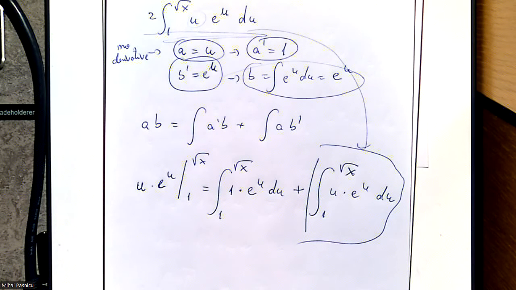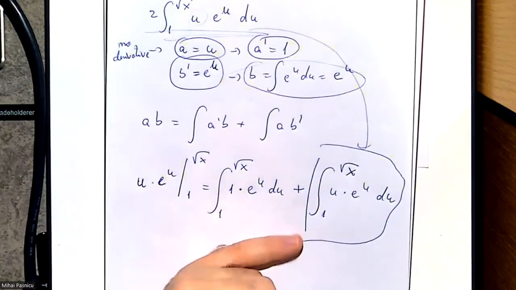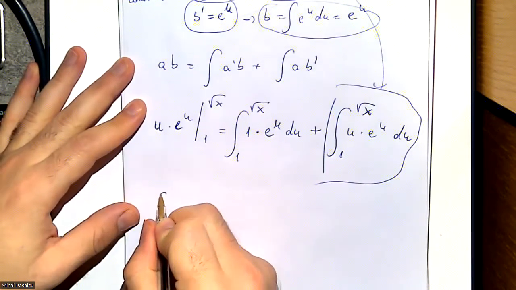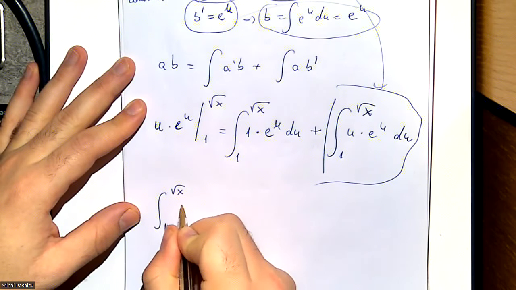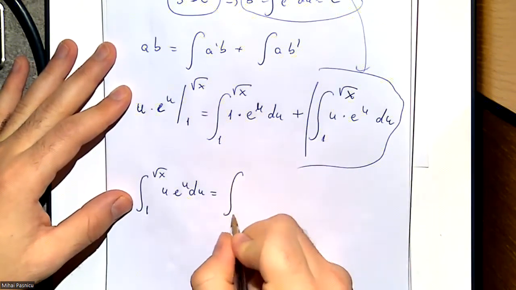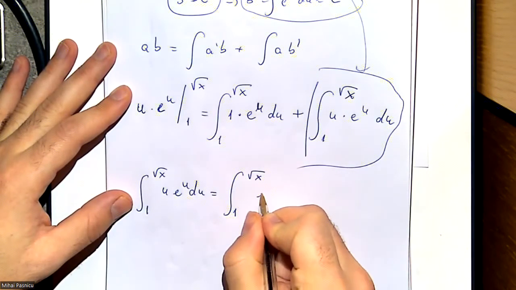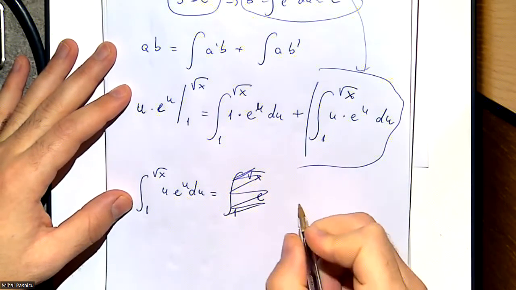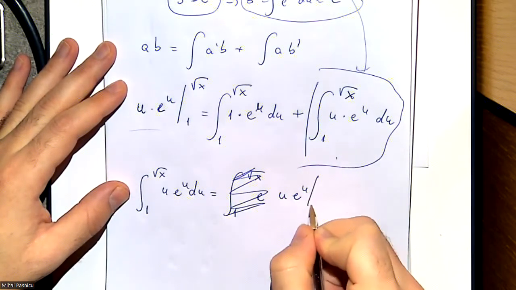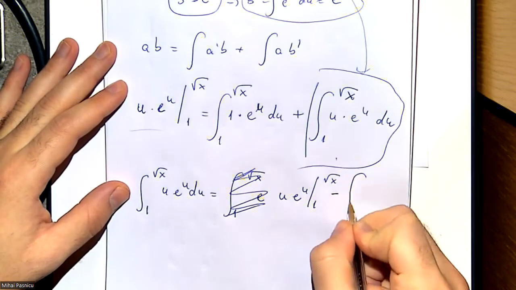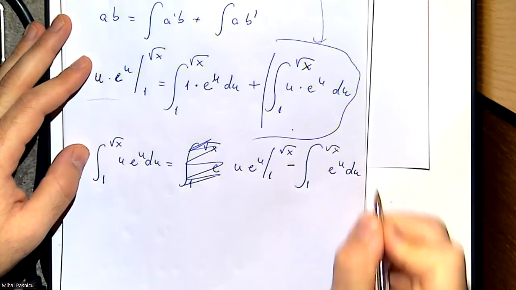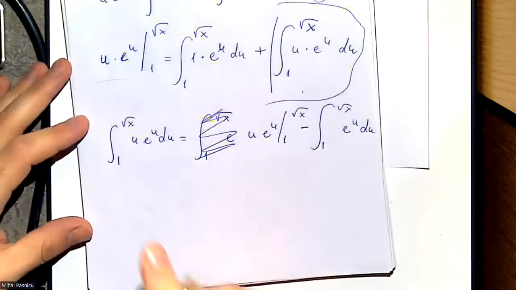Now, on the left-hand side, I have nothing to do, and this integral right here is very simple. It's just e^u du. So the integral is equal to u e^u from 1 to square root of x, minus the integral from 1 to square root of x of e^u du, which looks really nice.